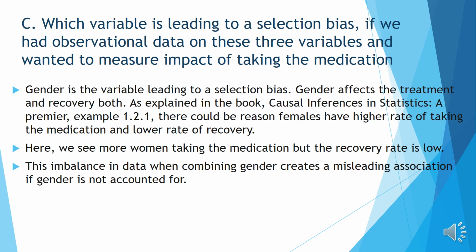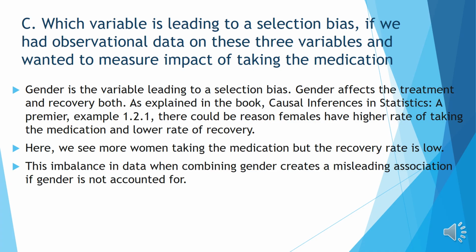Which variable is leading to a selection bias, if we had observational data on these three variables and wanted to measure the impact of taking the medication? Here we are asked to identify the variable causing the selection bias in measuring the impact of medication. Gender is a confounder as it influences both whether a person took medication and also their recovery outcome.